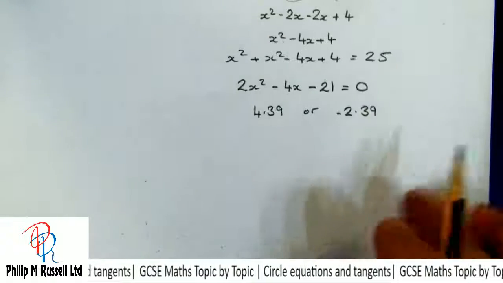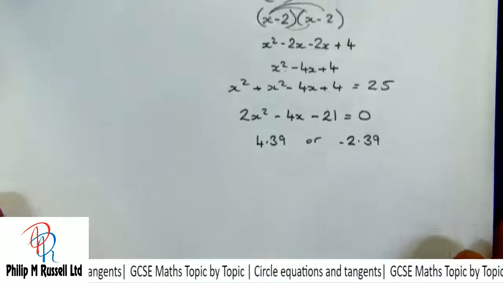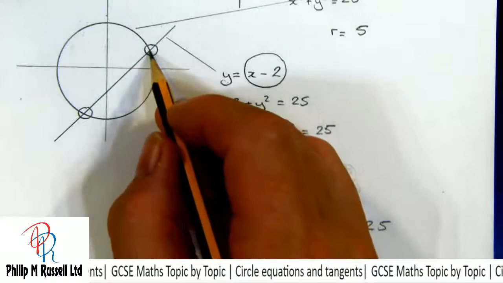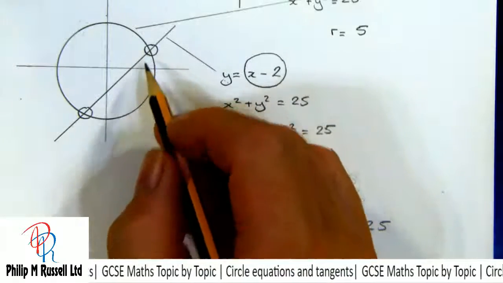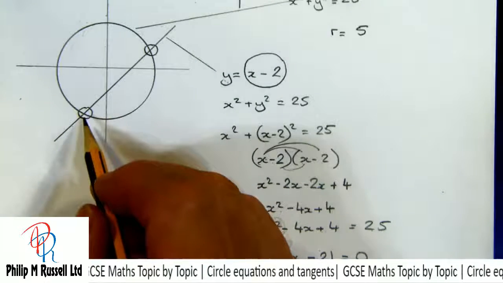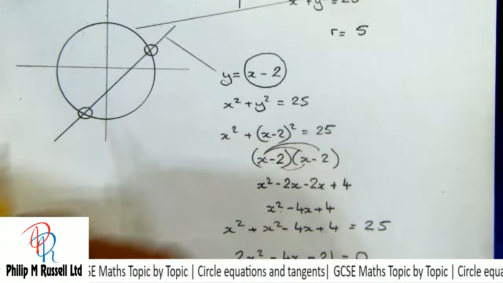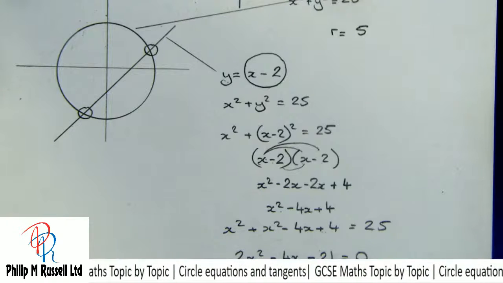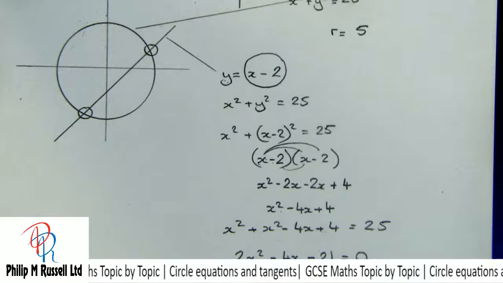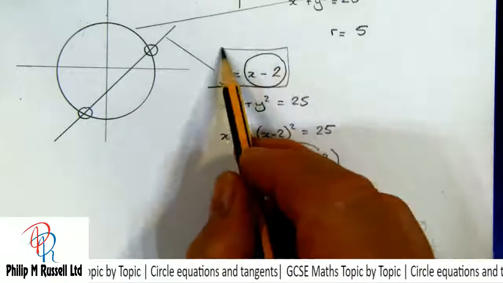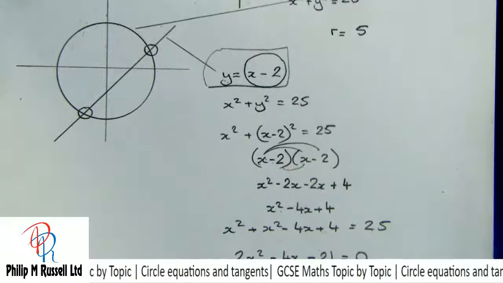So this has given me the positions of my x coordinates. My x is either over here at 4.39 or my position here at minus 2.39. Now I know that, I can substitute this into this formula to get the other positions.